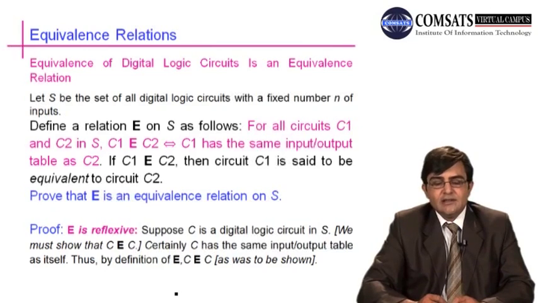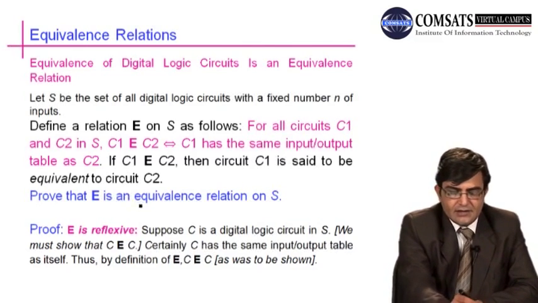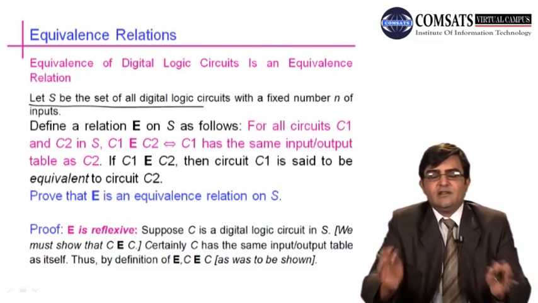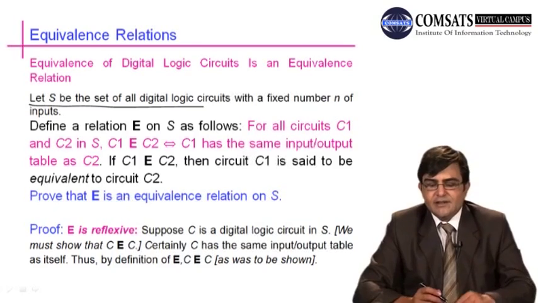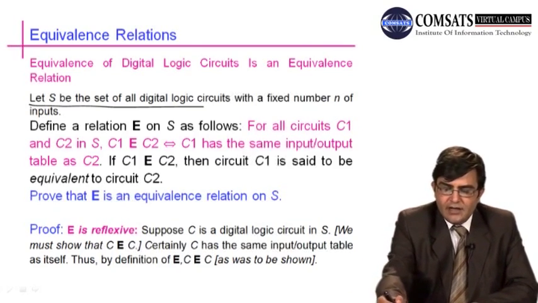We define another relation: equivalence of digital logic circuits is an equivalence relation. How do we define the relation on digital logic circuits? Let S be the set of all digital logic circuits which we have studied in logic, with a fixed number of inputs.